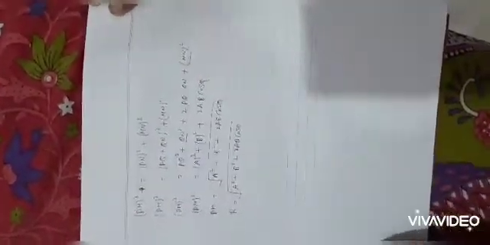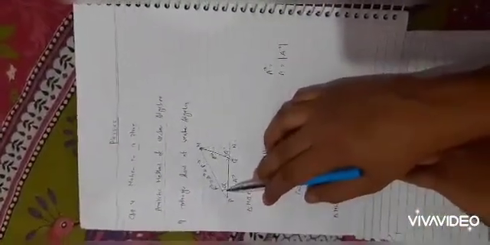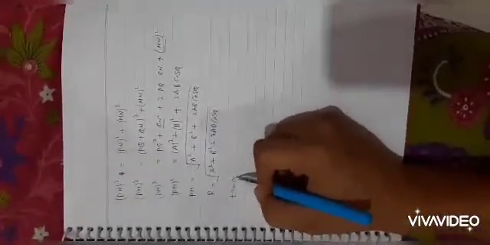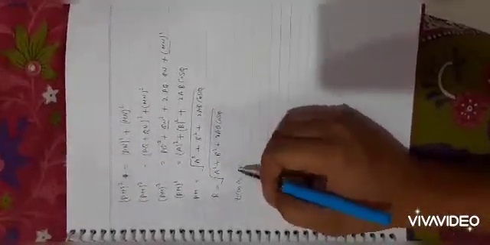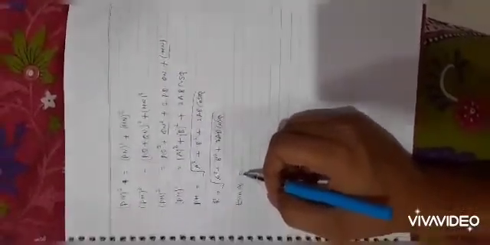Now you will say, sir, we are left with the direction. For direction we are taking this angle, alpha. So what will be tan alpha? Tan alpha is basically perpendicular by base.